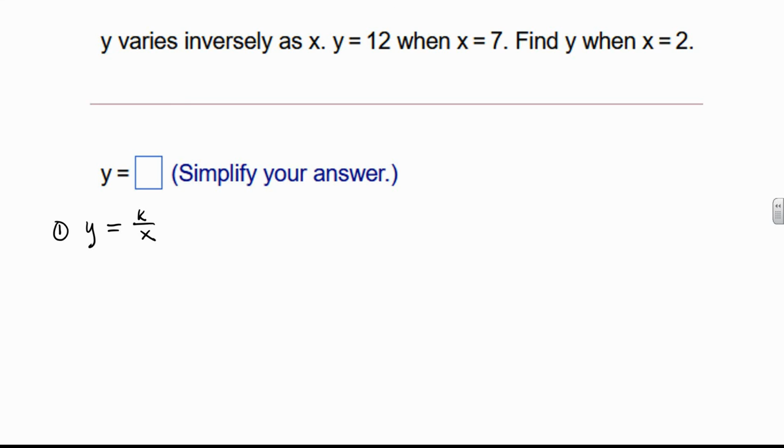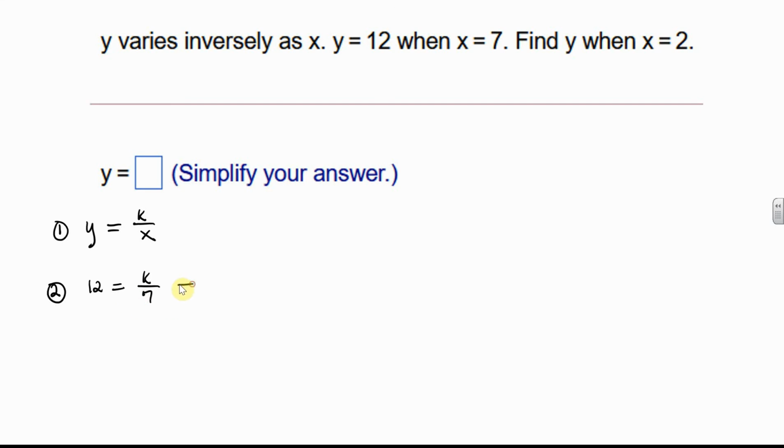Step number two, look at the second sentence, and they give us some information. They're simply wanting us to find k. So y is equal to 12, and x is equal to 7.